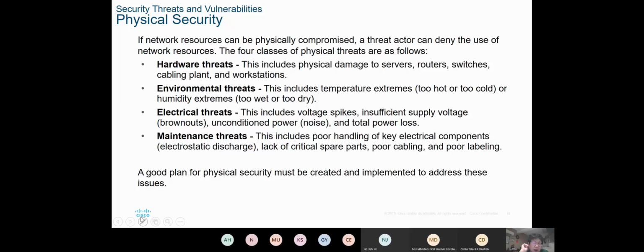I will classify those as physical security, in the sense that whoever comes into our company to do any maintenance, we need to keep track of them.